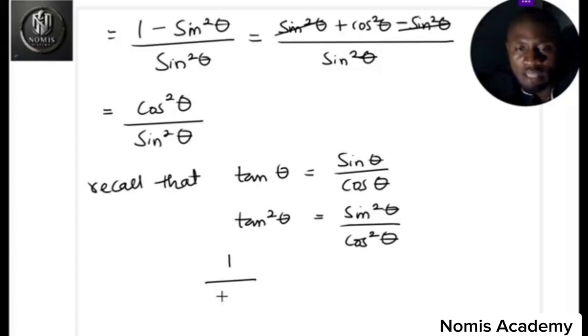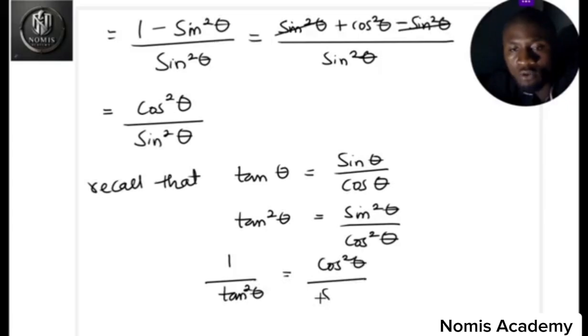1 all over tan squared theta is equal to cos squared theta all over sine squared theta. That is exactly what we have here. We need to recall too that 1 all over tan theta is equal to cot theta.